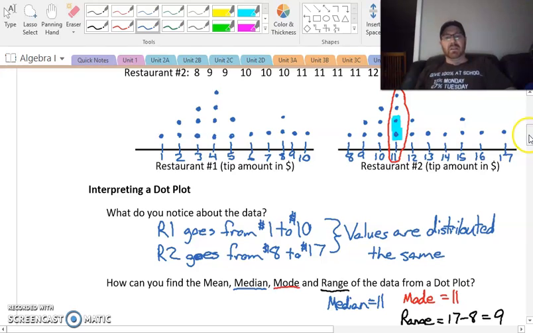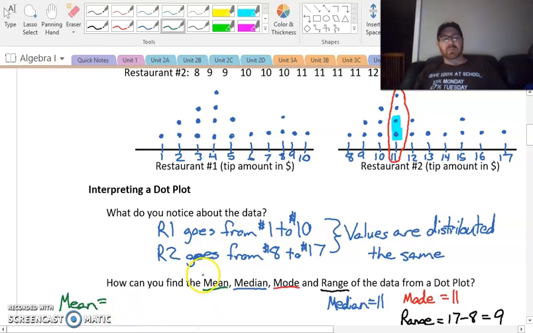Okay. Now, I've left the mean till last because the mean is actually the most involved just because we have 18 values. But the one thing that the dot plot and other things that group data like this help you do is be able to calculate it with a little less writing.